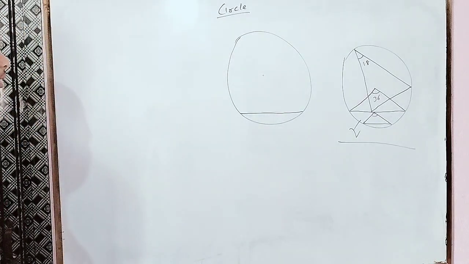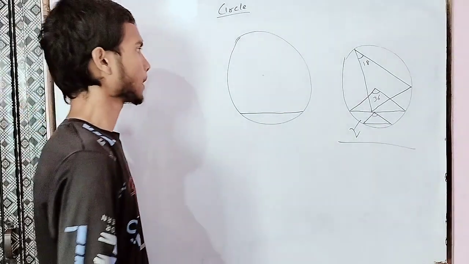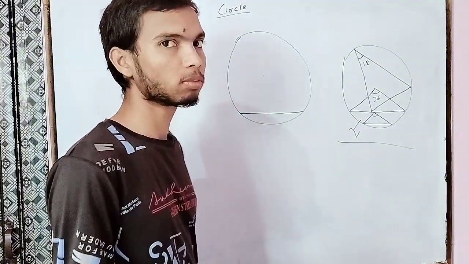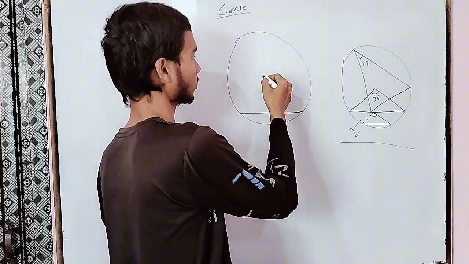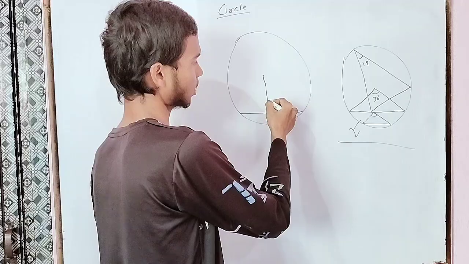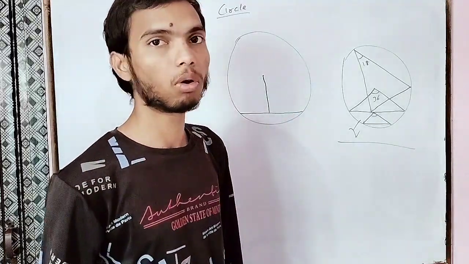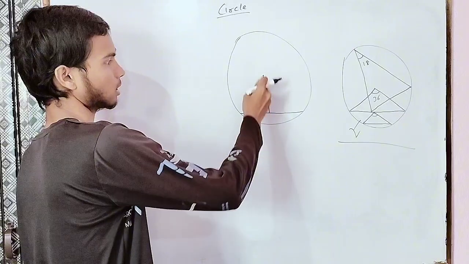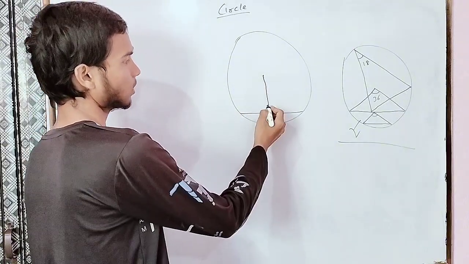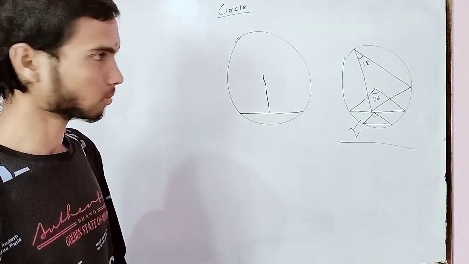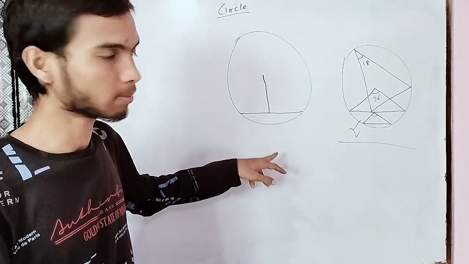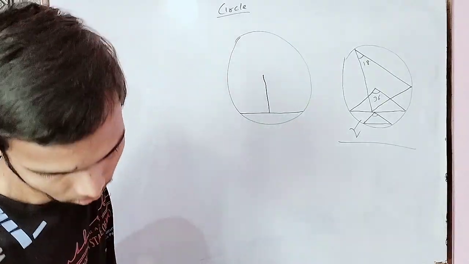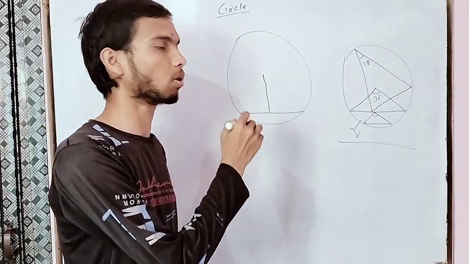Now a line which is coming from the center is falling on the surface of the chord line segment. So this is the line. Now this line is bisecting the chord.